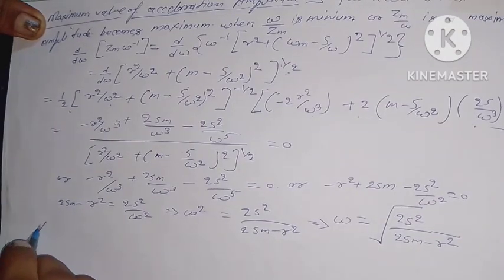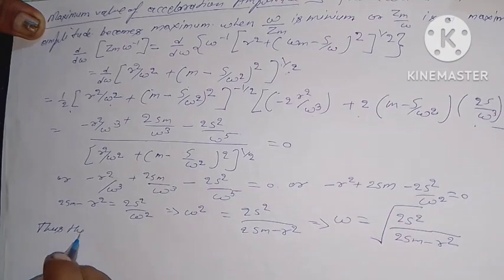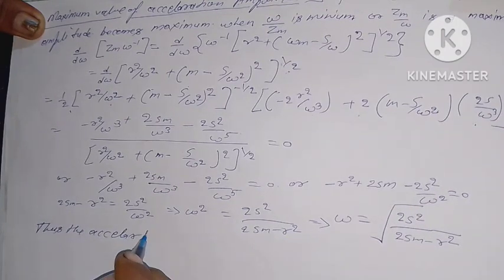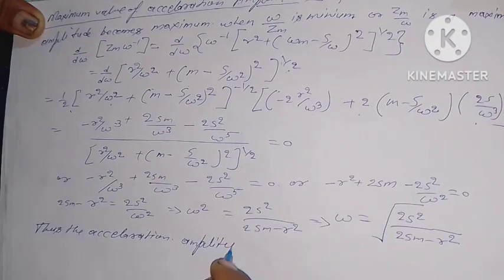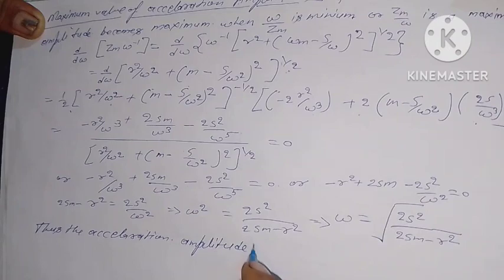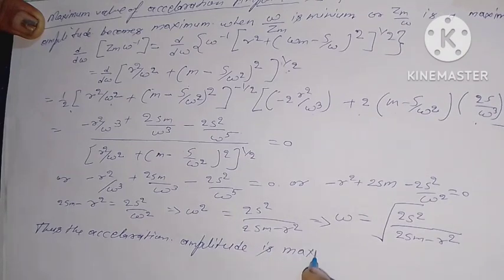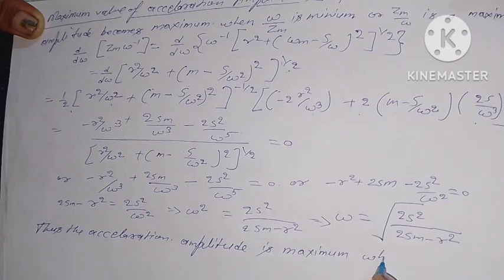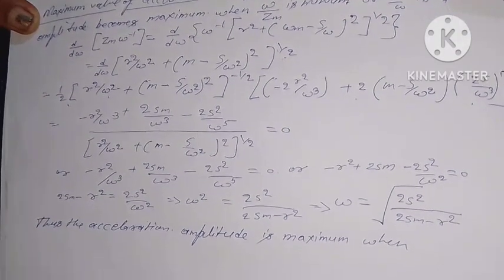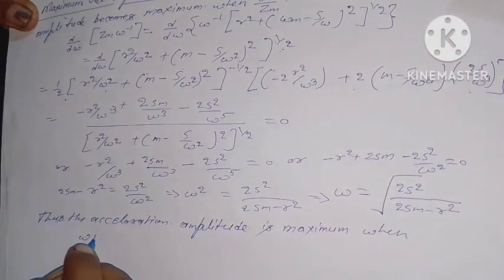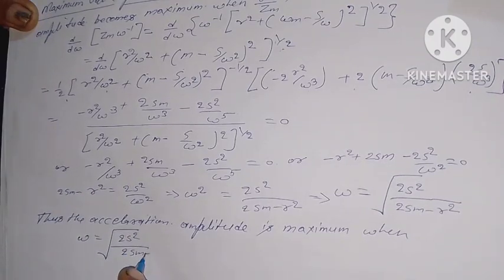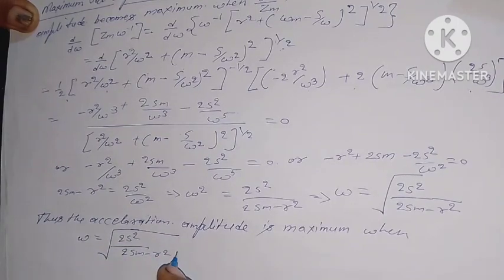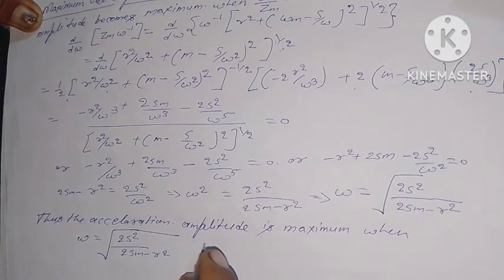Thus the acceleration amplitude is maximum when omega equals under root of 2s square upon 2sm minus r square.